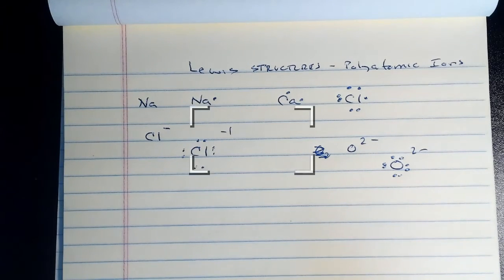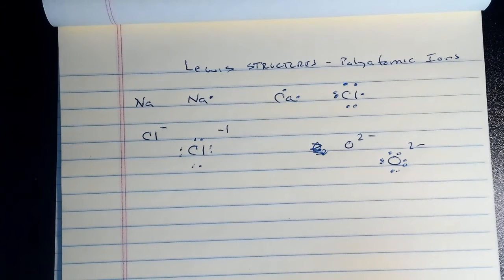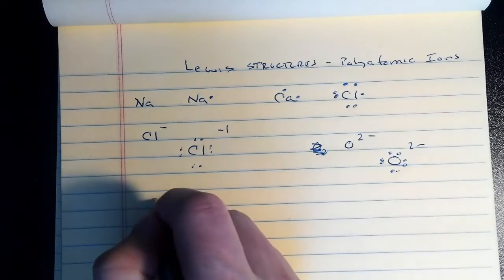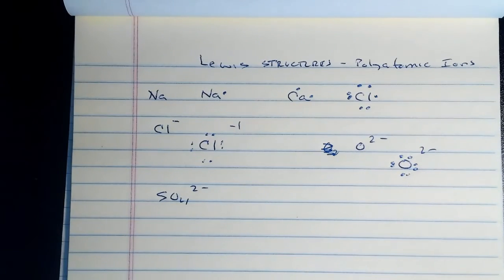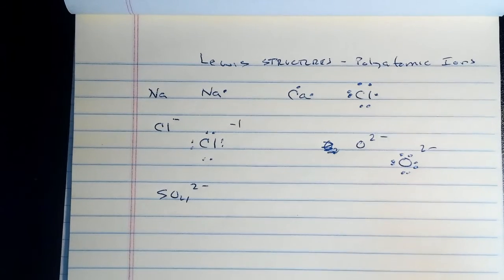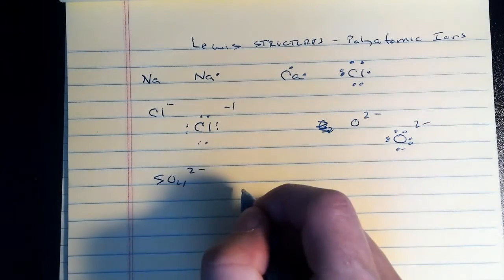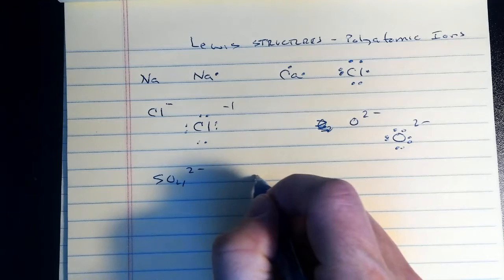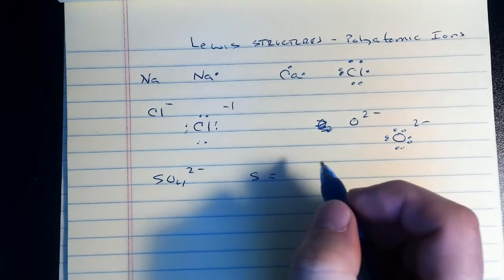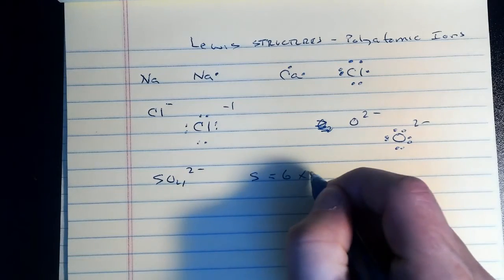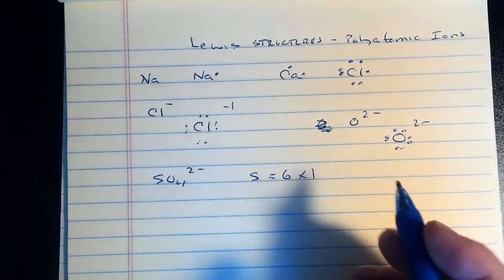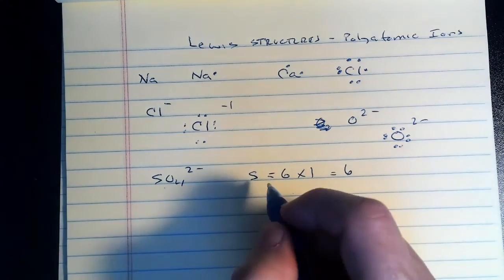Now, if we were to have a polyatomic ion, such as sulfate, SO4 minus 2, how would we make that Lewis structure? Well, we're going to do what we did in the first video. S is equal to, and we know that's in group 16, so we've got 6 valence electrons times 1 atom, because there's no subscript there. It's equal to 6.